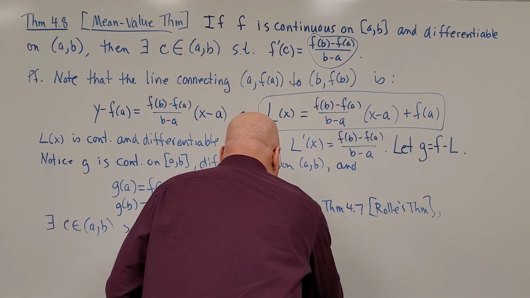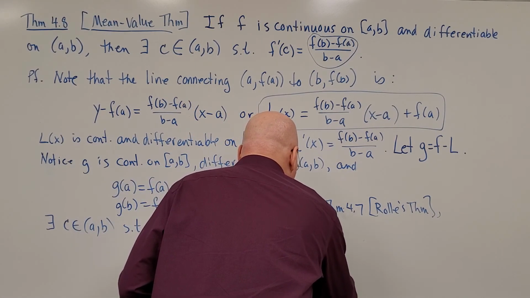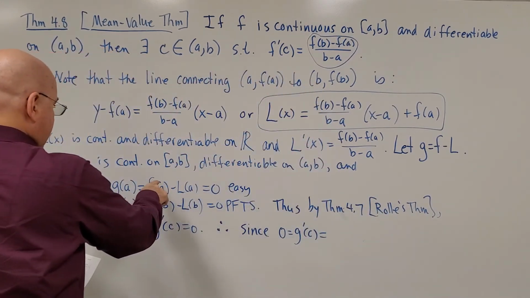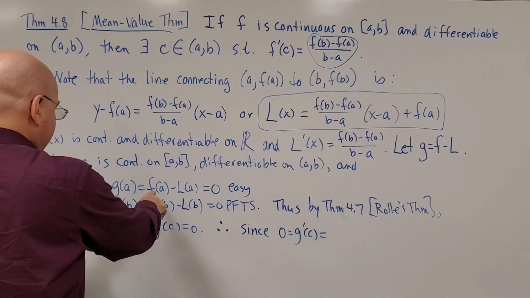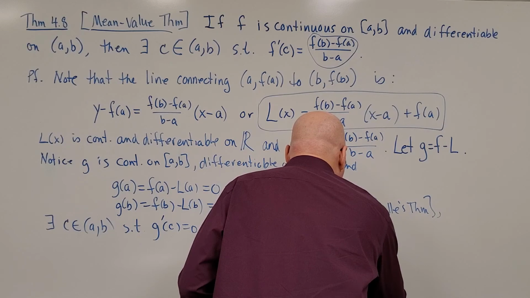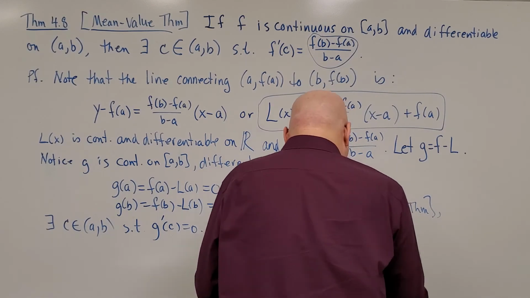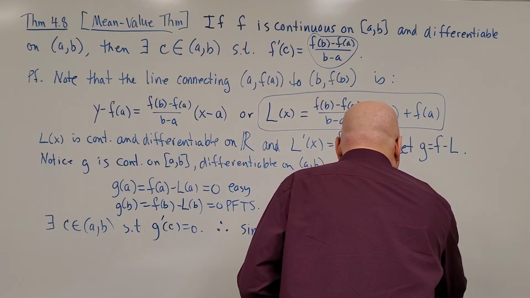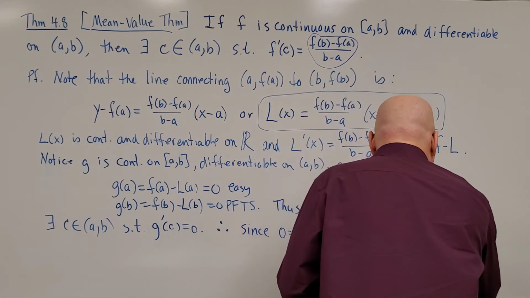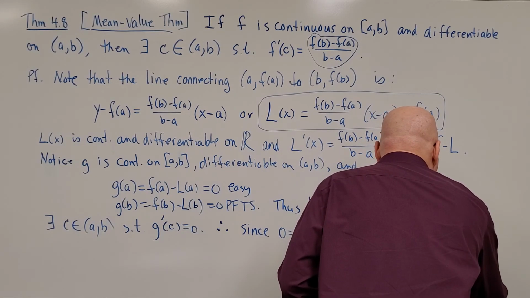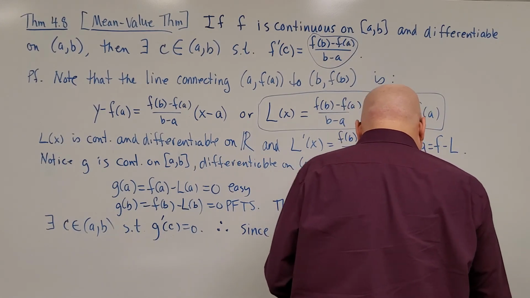Since 0 is equal to g prime of c, but g prime of c should be f prime of c minus L prime of c, and that is equal to f prime of c minus that previous slope that we computed, f of b minus f of a all over b minus a.